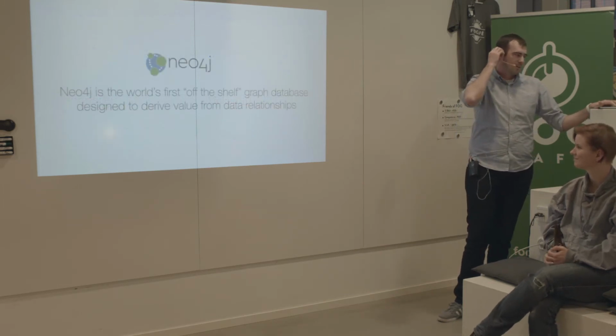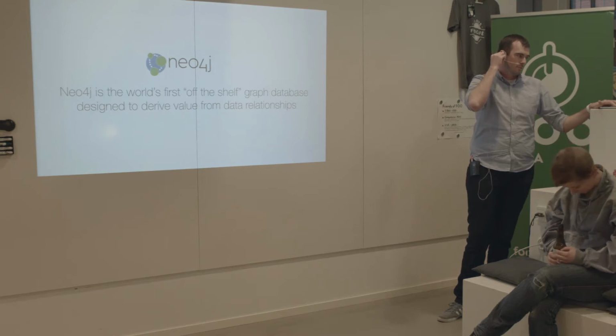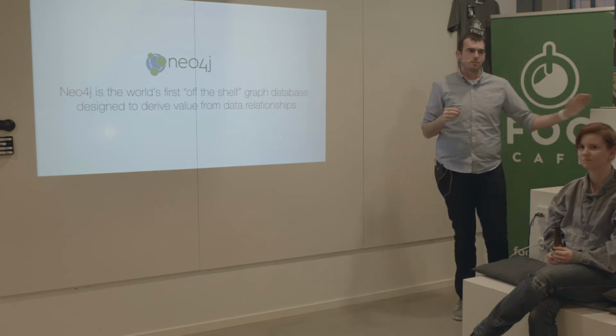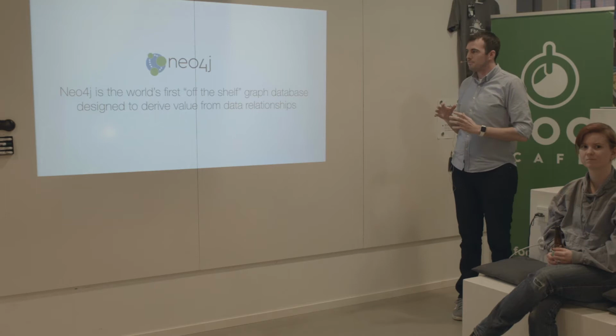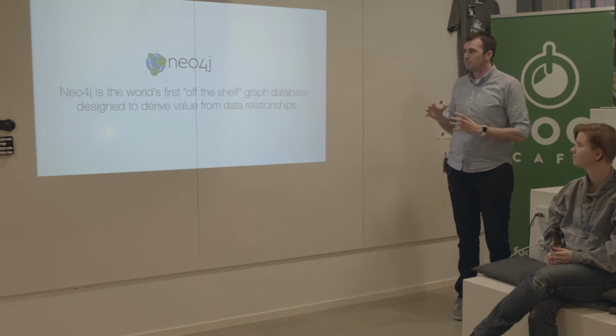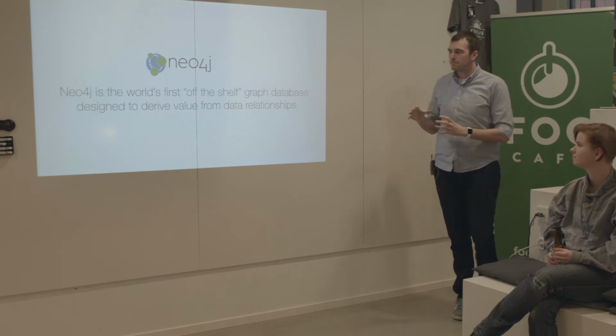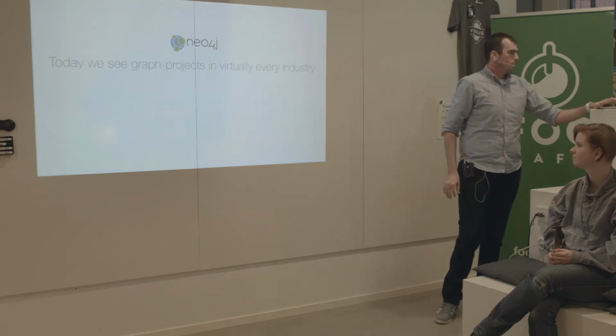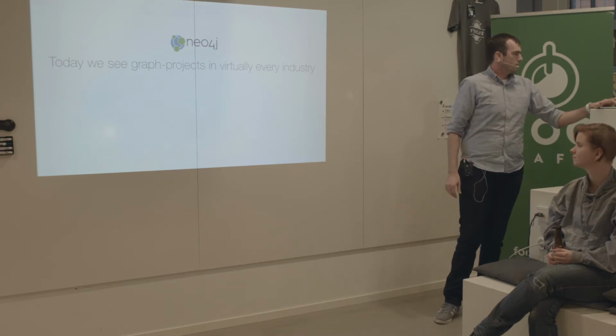Yeah, and so Neo4j is the first database that has really taken this idea of storing things as a graph and been built from the ground up to do that really well. I want to speed up a bit and go through this section.